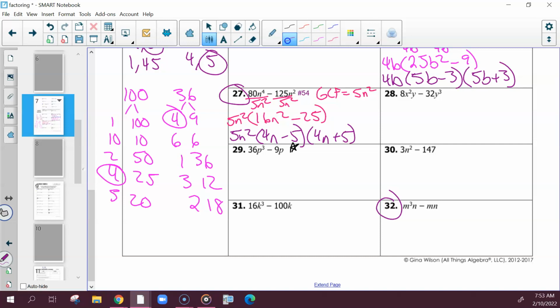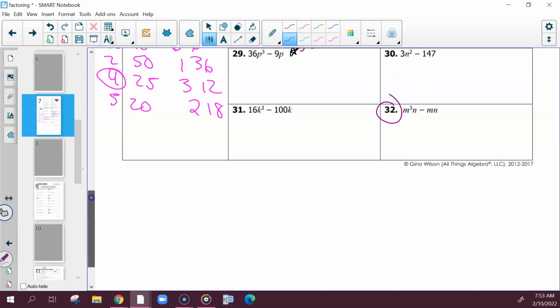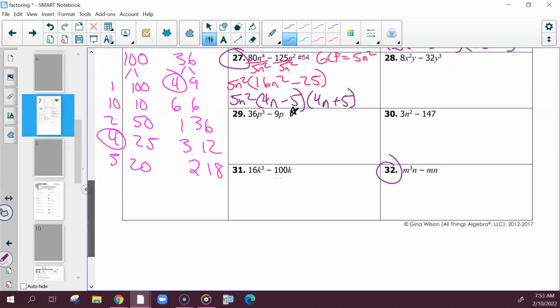For the last one, 32. What could we divide out of both of those? One m and one n.